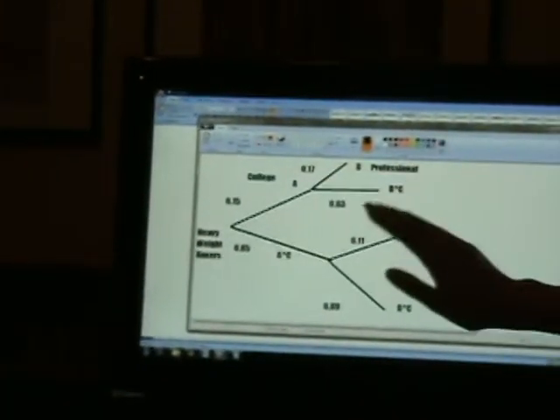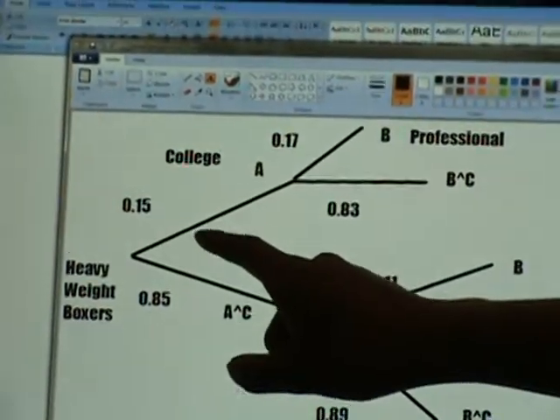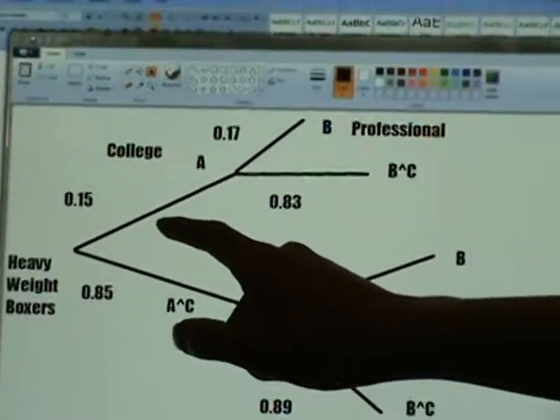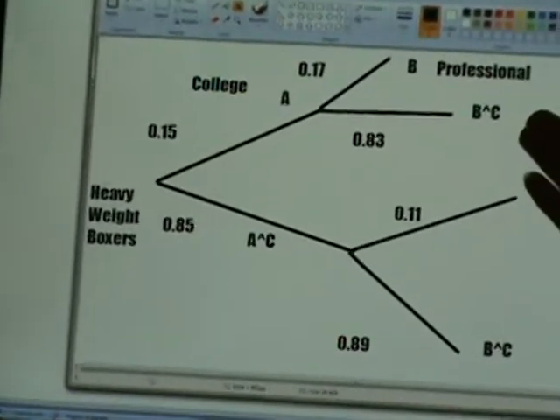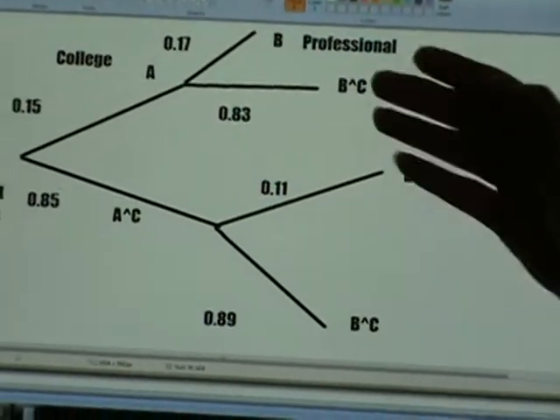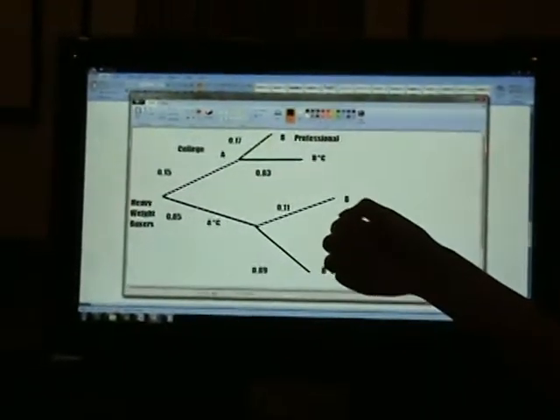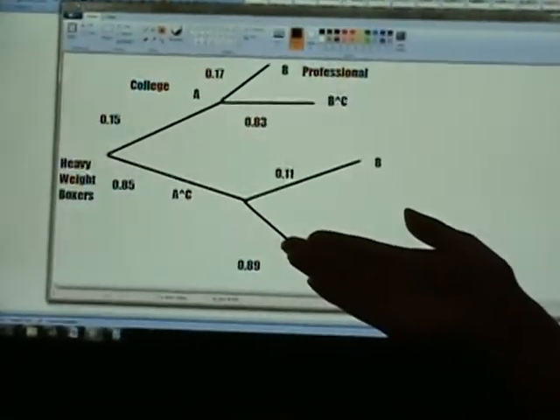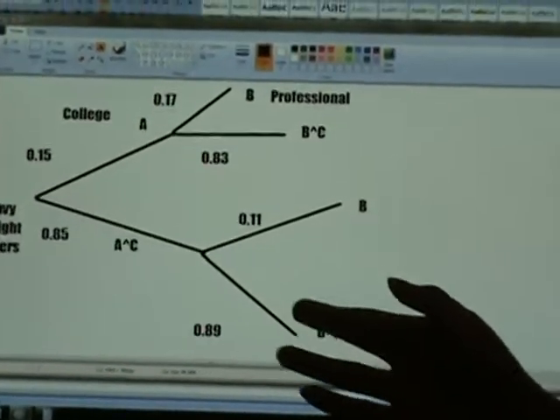Then going on to B, 17% of the 15% of college students who are boxers went professional, while 83% of them didn't, therefore complement C. And looking down here, 11% of the 85% of people who went to college and weren't heavyweight boxers did go professional, while 89% didn't.